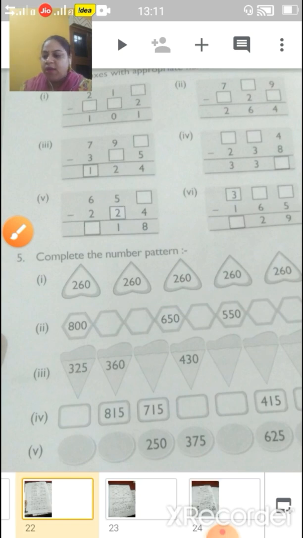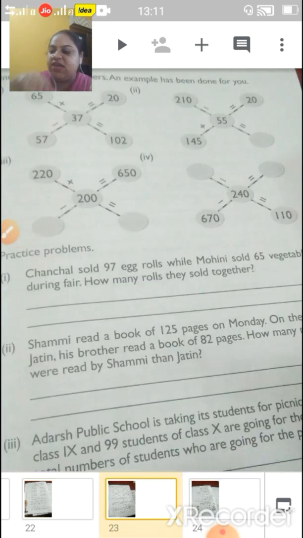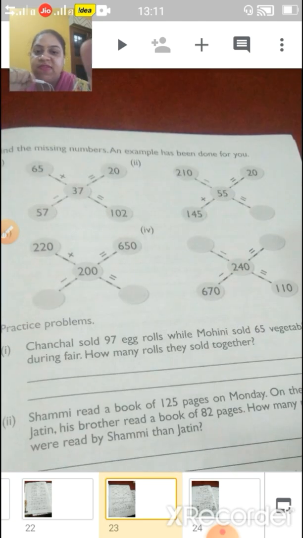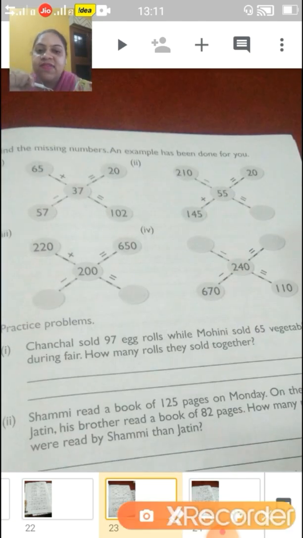Now children, come to question number 6. Find the missing number. We have to find the missing number. Like 65 into 37 is 102 and 57 minus 37 is 20.